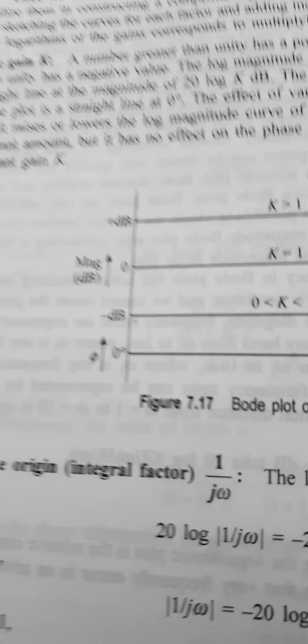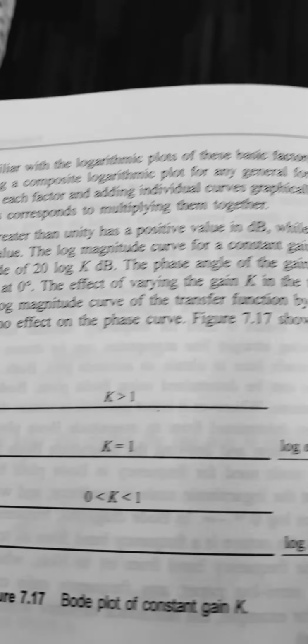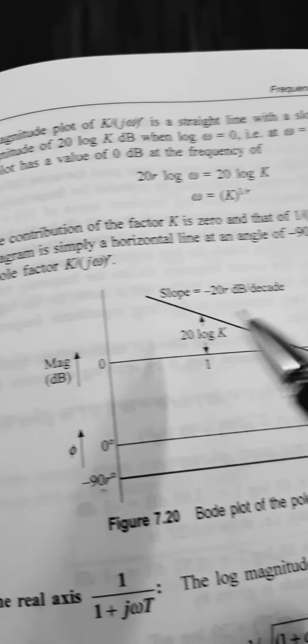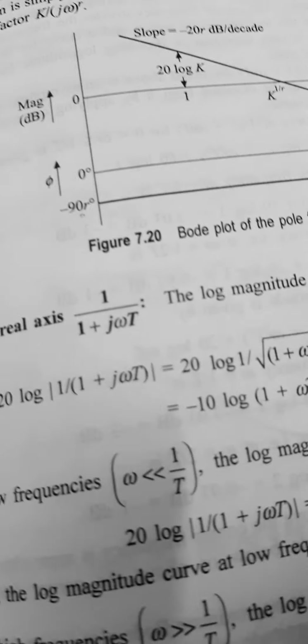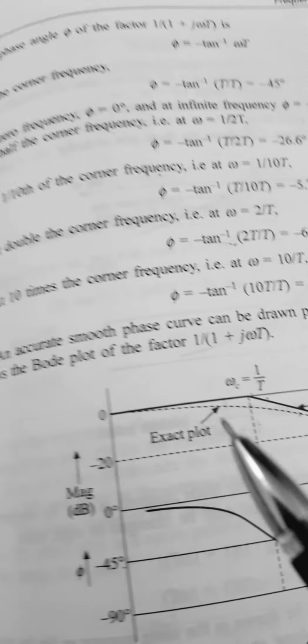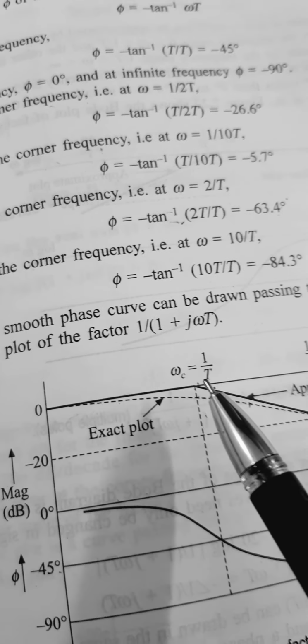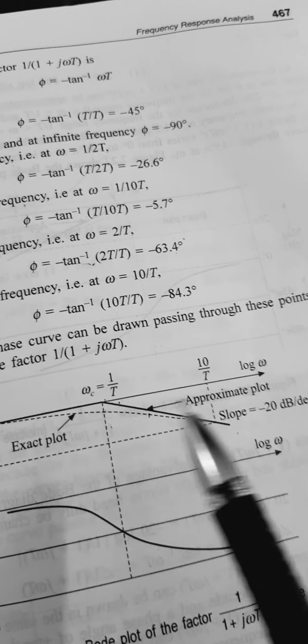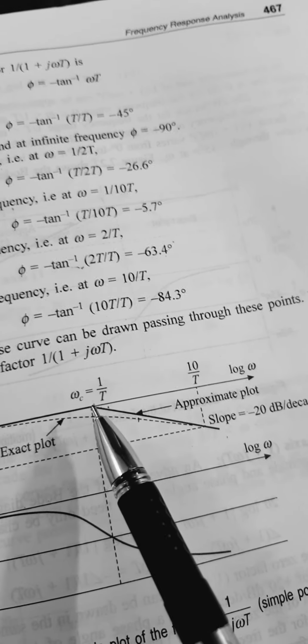For 1 by j omega as well as for k also, it is a straight line with no change. But in this case, you can see that the graph stays at 0 for some time, and after that it is tilted with minus 20. So there is a change in the plot.